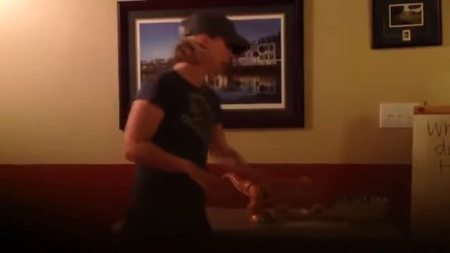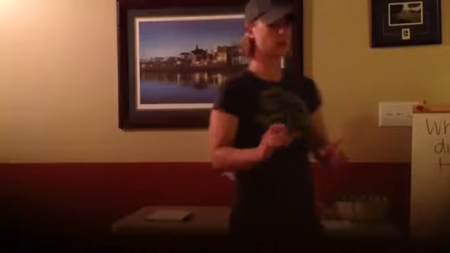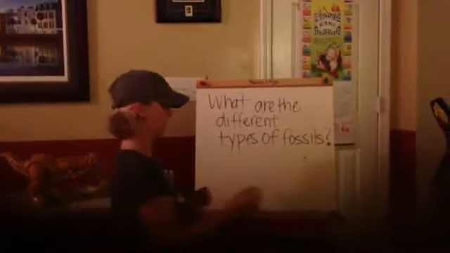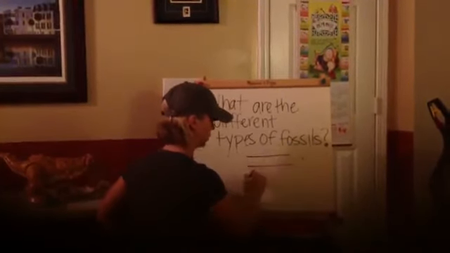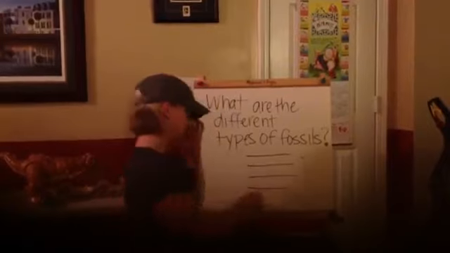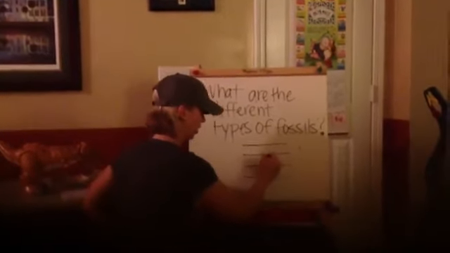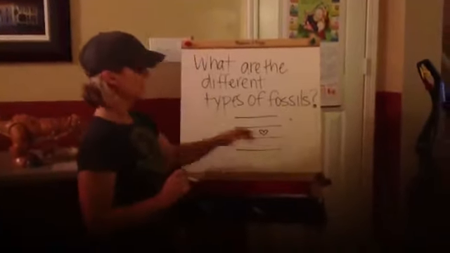Alright? The fourth type of fossil evidence, which I don't have, so we're going to come over here to my nice little whiteboard. The fourth type is something called an index fossil. So we can imagine if we look at sedimentary rock, which you guys all know at this point, an index fossil, and I'm just going to make a heart fossil, why not? That's an index fossil.